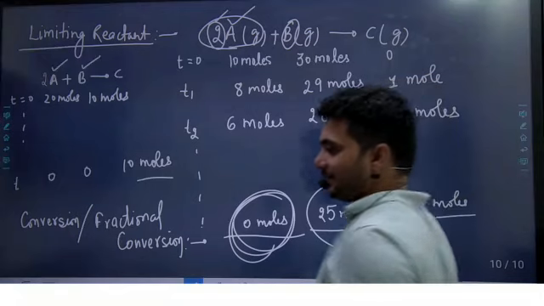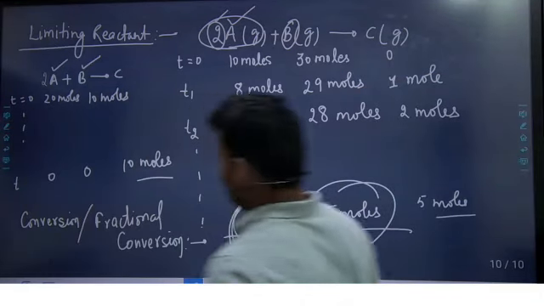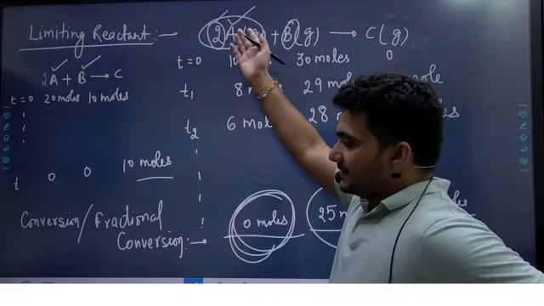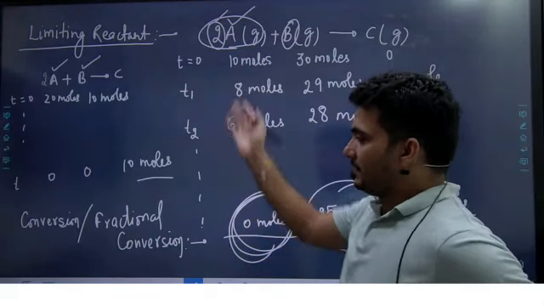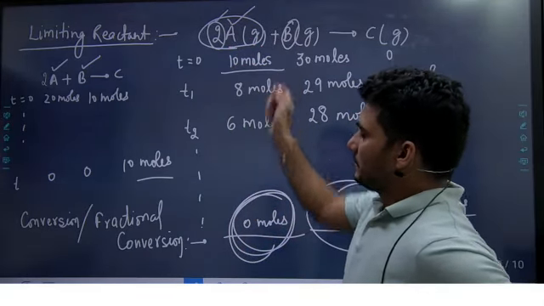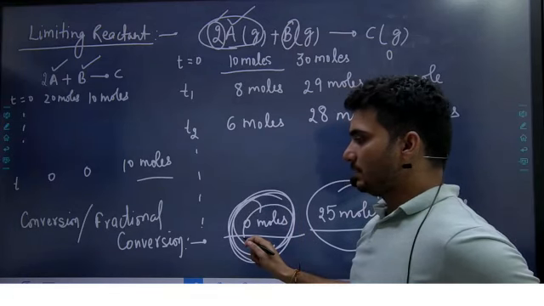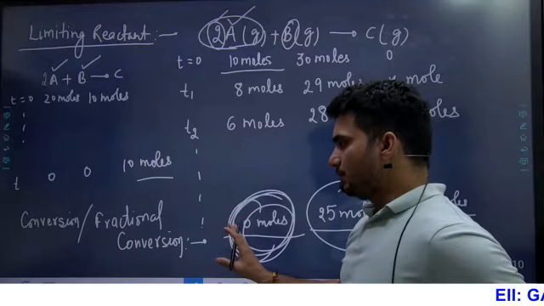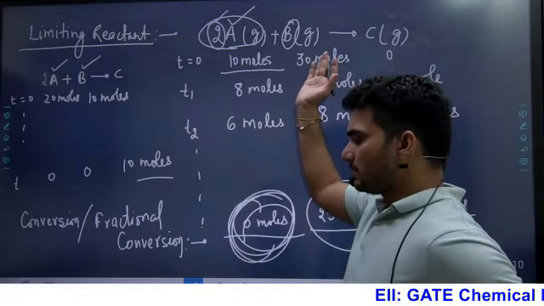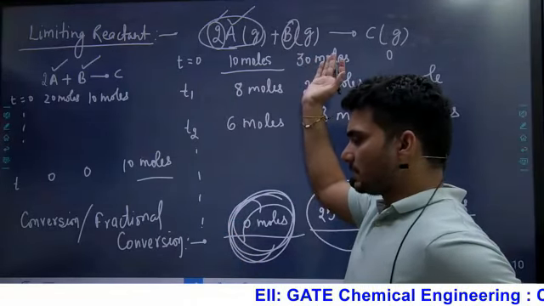Sir, why is it not defined for the excess? My dear students, in this case, you have consumed 10 moles, now the remaining moles is 20. Remaining moles is 20. No reaction will take place.